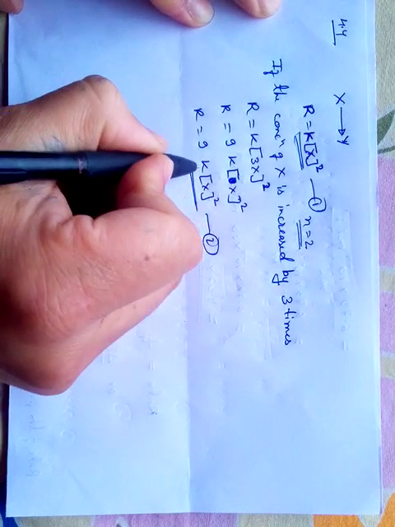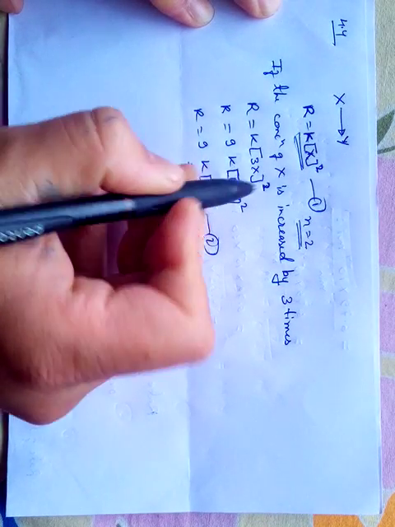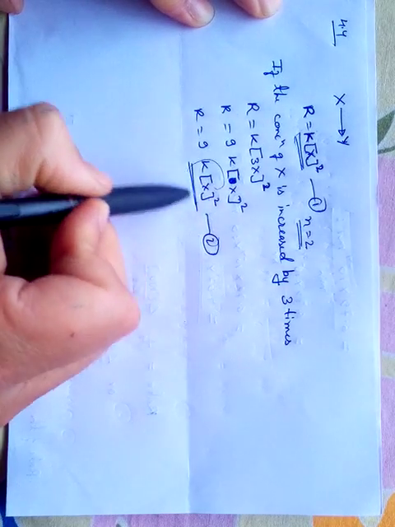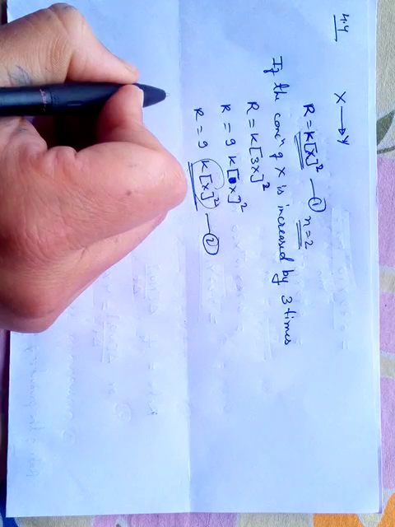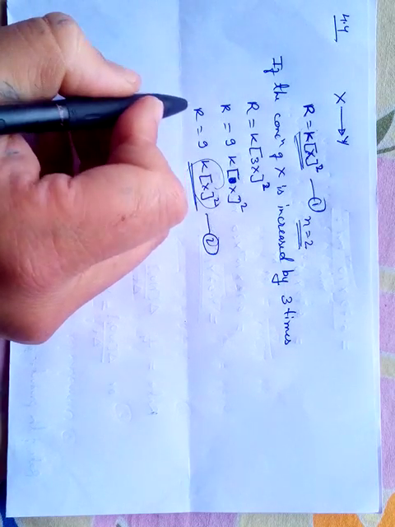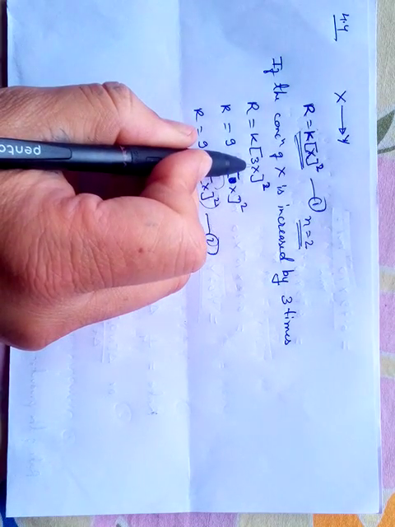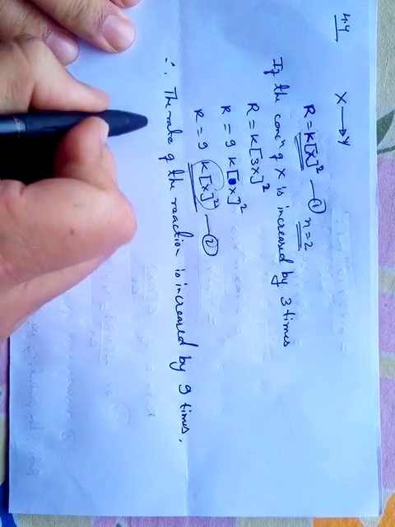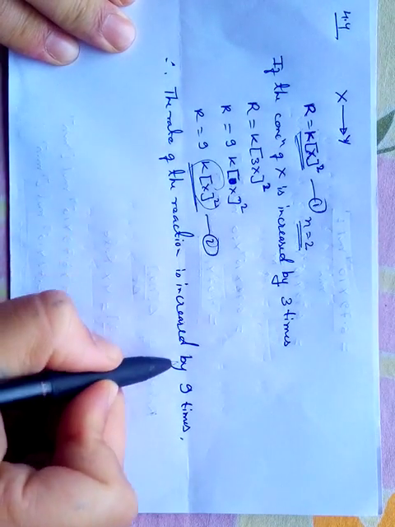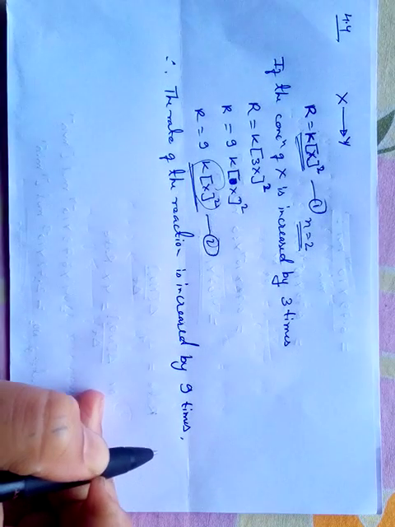Here the rate is 9 into K X to the power 2. So this factor has been raised by 9 times. So we have to say that the rate has been increased by 9 times with the increase in concentration of the reactant by 3 times. Therefore, we can write that the rate of the reaction is increased by 9 times.